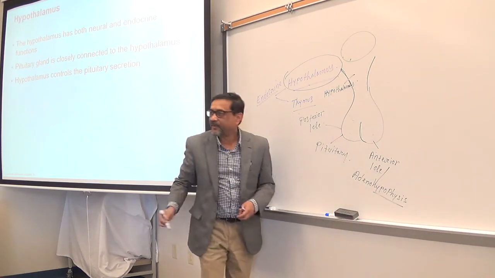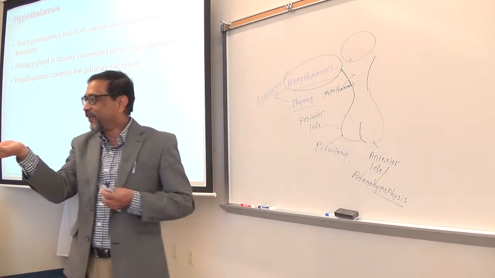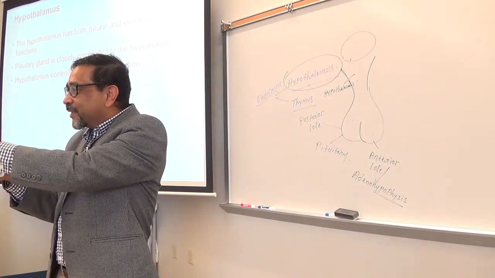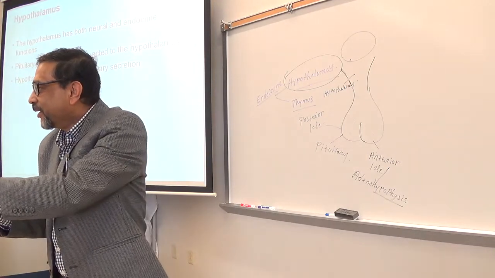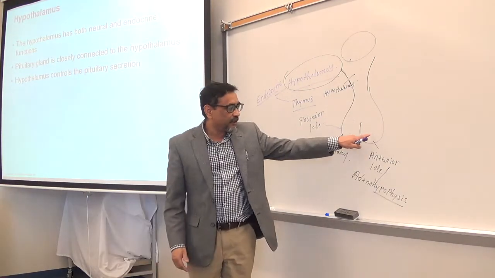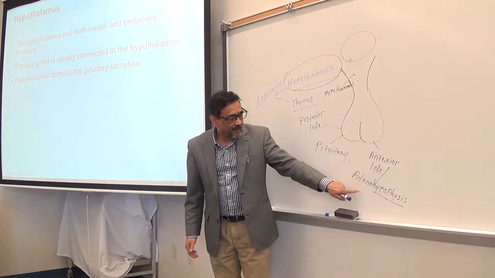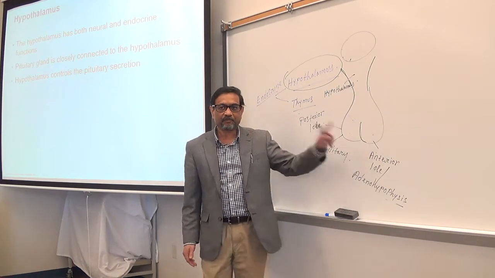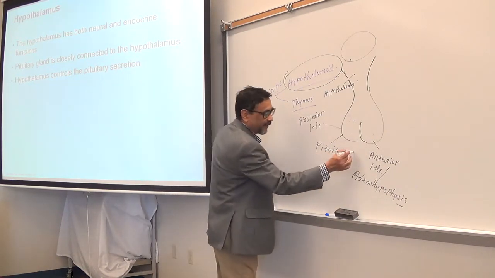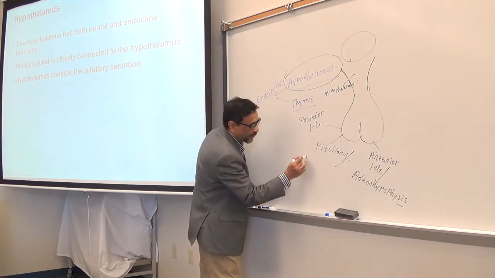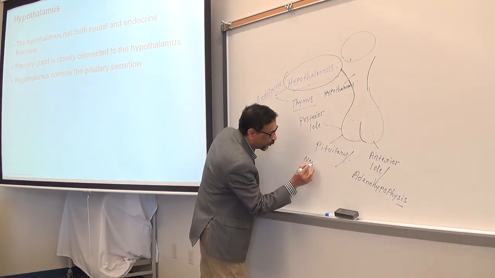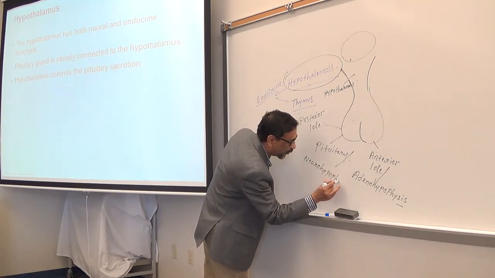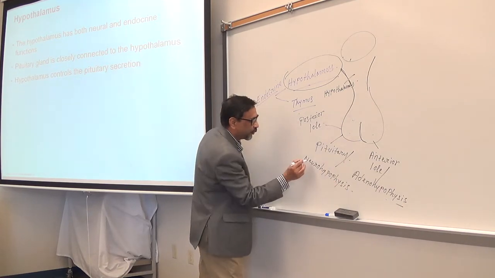Anybody remember hypophysis, hypophyseal fossa on the sphenoid bone? You remember that? At that time I told you hypophysis is another name of the pituitary gland. Okay? So, anterior lobe of pituitary is called adenohypophysis. Remember A-A. Okay? Posterior pituitary has another name, that is called neurohypophysis. Neuro, N-E.